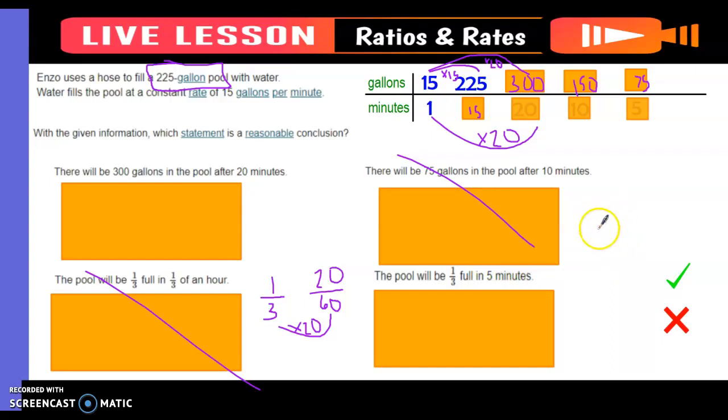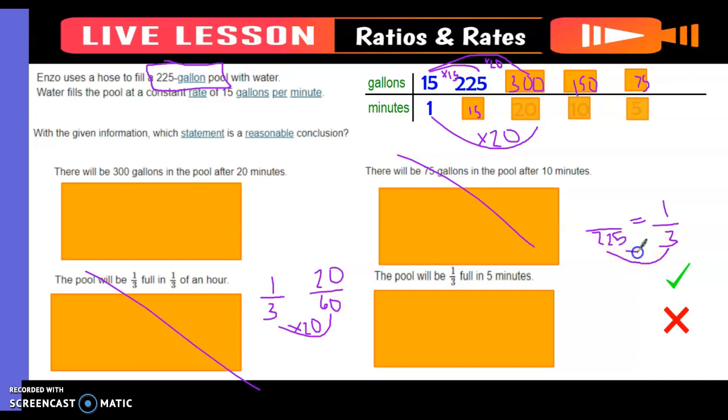What is 1/3 full? Well, if the entire pool is 225 gallons, that's how much you need to fill the pool, and you need 1/3 of that, you're going to have to find the relationship between 225 and 3. Pause the video and figure out that relationship. Well, if I find the relationship, I notice that if I divide 225 by 3, I'm actually going to get 75.